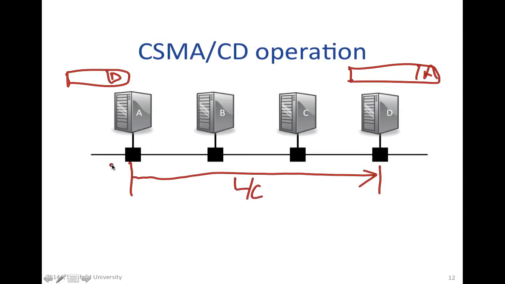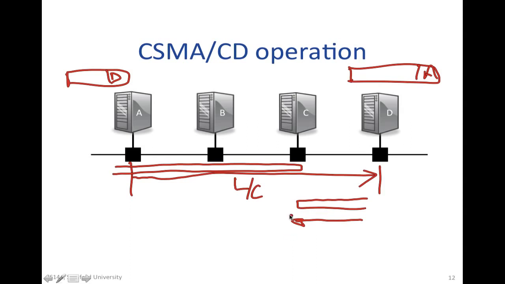If that packet is going down the wire, here is the whole packet, and D listens and says, aha, it's quiet right now because the first bit hasn't arrived, and starts sending its packet, and so its packet is heading down in this direction, its first bit is going down here, and so at some point the front of this packet will collide with the front of this packet, and after that they will pass through each other, corrupting each other, so that everyone that sees it, first of all C will see it in this case, so it will hear that there is a collision.